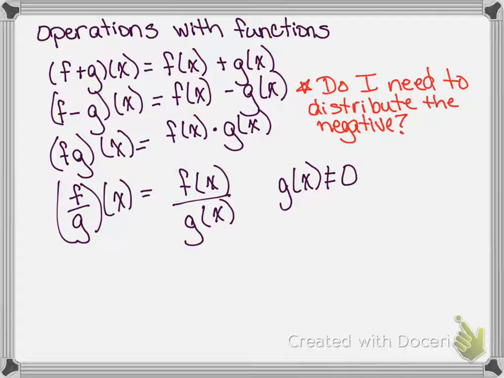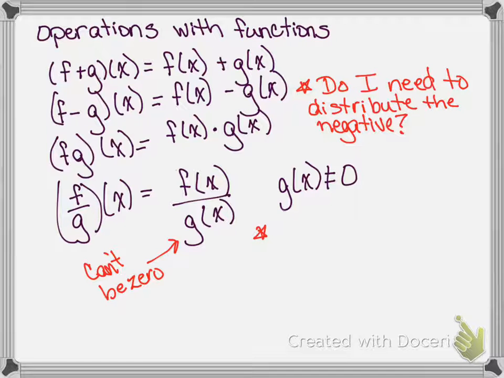The other thing you have to watch is when we are dividing. Your denominator can't be 0. Now, that doesn't mean you can't plug 0 in. It means that the value of g of x can't be 0.